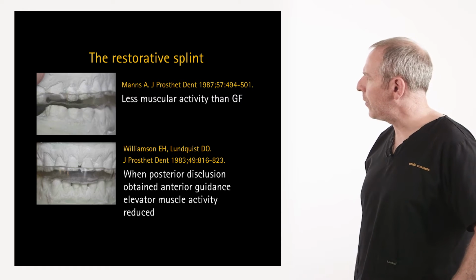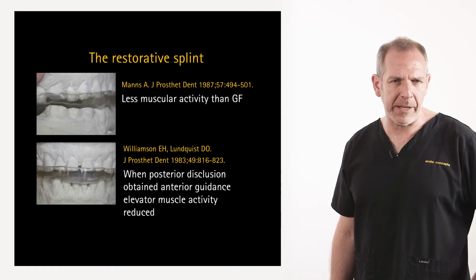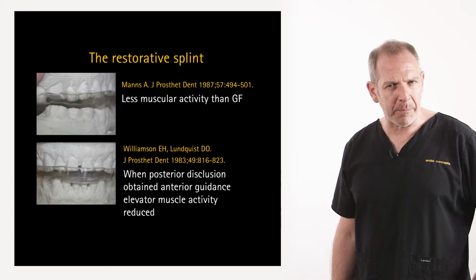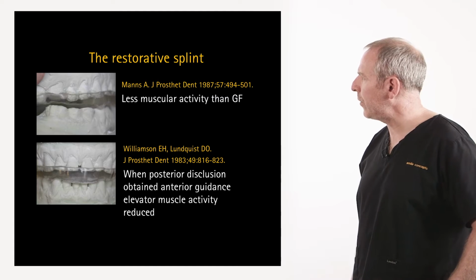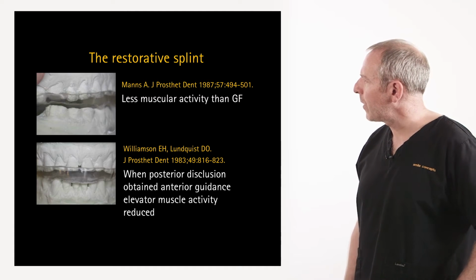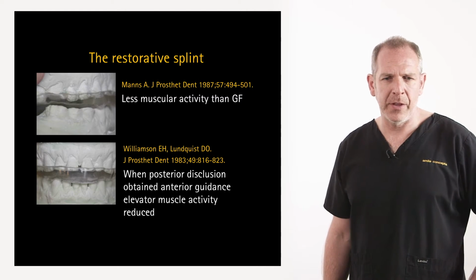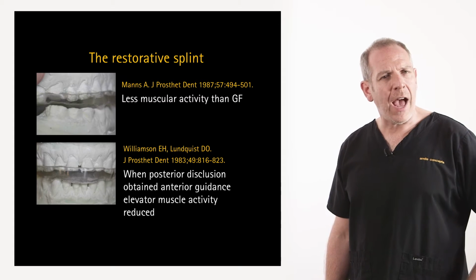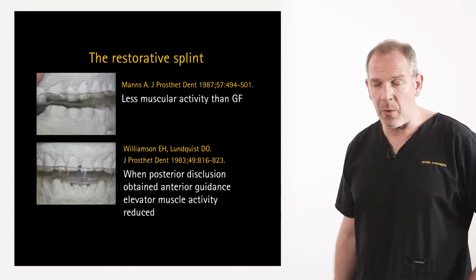And what these splints do is they basically are like the flat plane splint, but they have canine ramps. Now, there is good evidence from a kind of classic study by Manns and also by Williamson that when you have these canine guidance ramps on the splints, you have less muscular activity. The muscles potentially relax more.